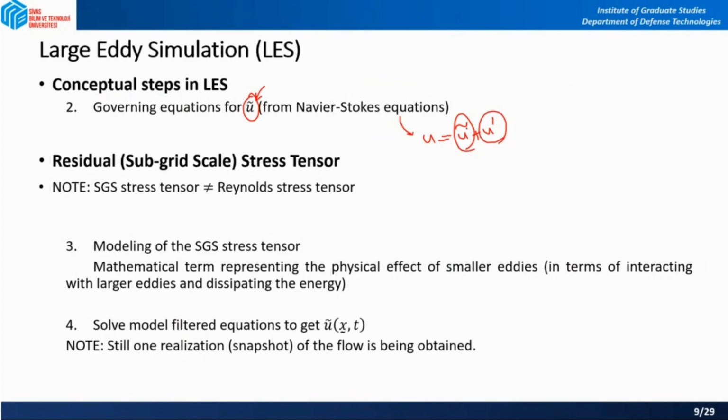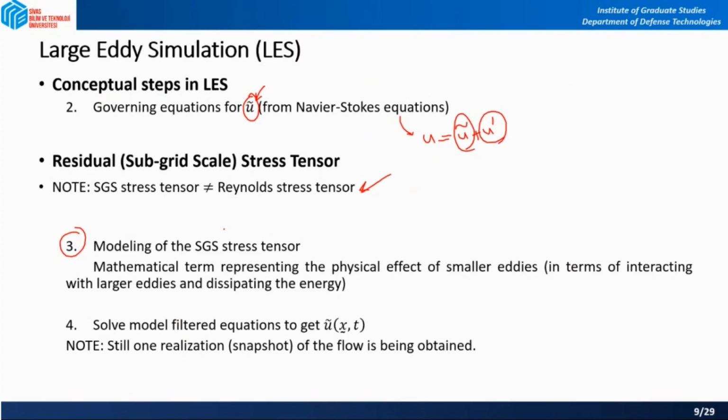In other words, the SGS stress tensor and the Reynolds stress tensor are two different worlds. They cannot be compared. After you obtain the governing equations, what you will do is model the SGS stress tensor.